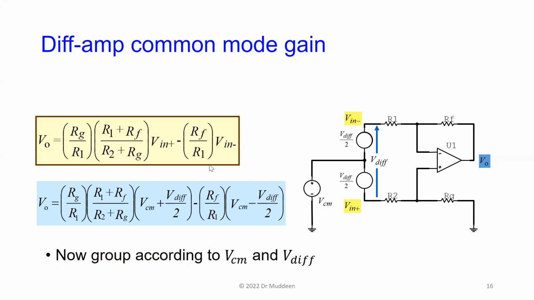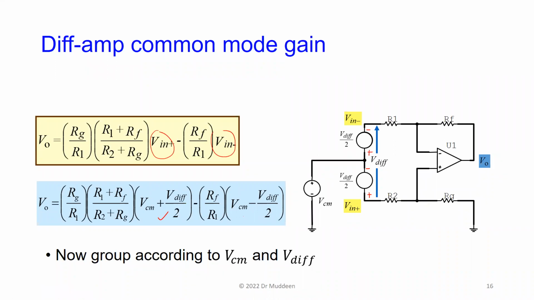And Vin plus, as we said, is V common mode plus Vdiff over 2, and Vin minus is V common mode minus Vdiff over 2. All I've done is to rewrite these 2 things in terms of the common mode voltage and the differential voltage.